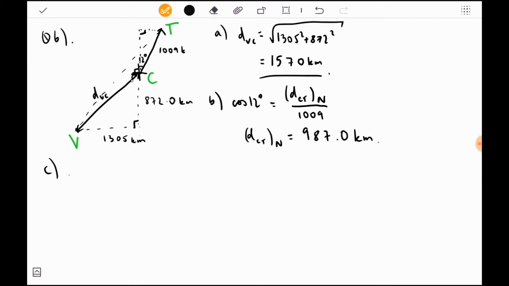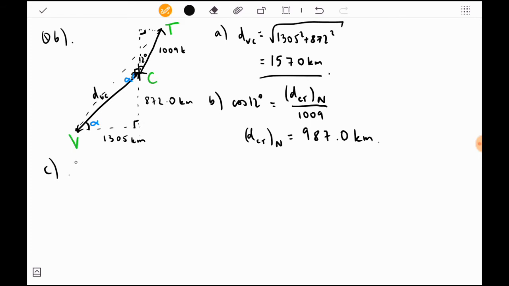Using our triangle rules, we know that this is equal to this angle here. I'm going to call this angle little alpha. Actually, I'm going to use a different color so I can draw a little bit bigger. So little angle alpha here, and this is angle alpha here as well. We can find this angle using this triangle, because we have the opposite and the adjacent, so we can use the tan ratio.